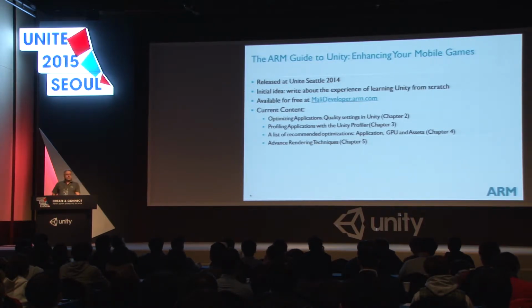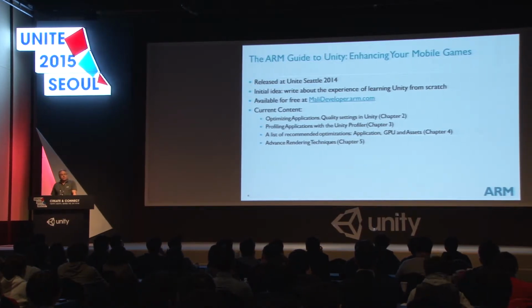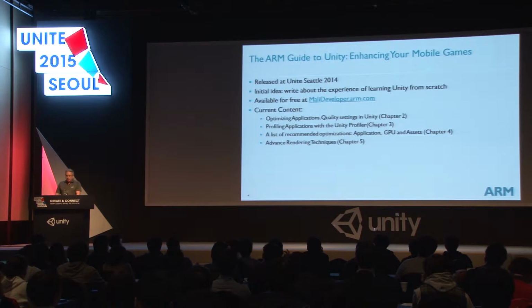Developing games for mobile is a real challenge due to the specifics when compared with PCs and consoles. This is the reason why most of the content of the guide is related with optimizing games for the mobile platform.